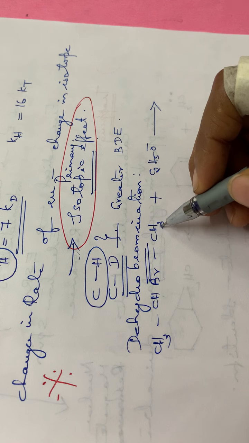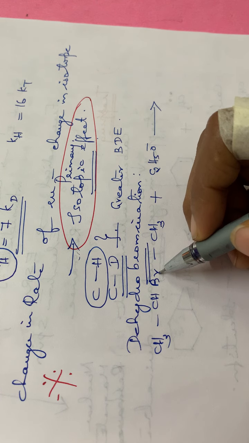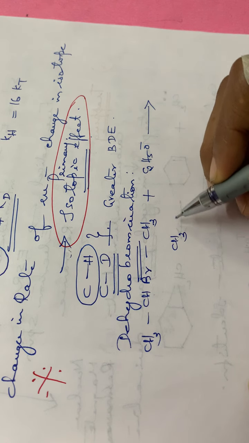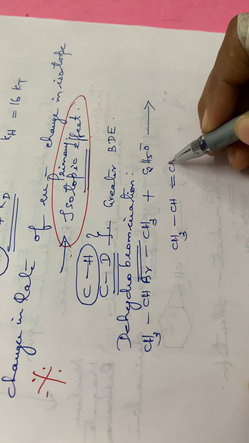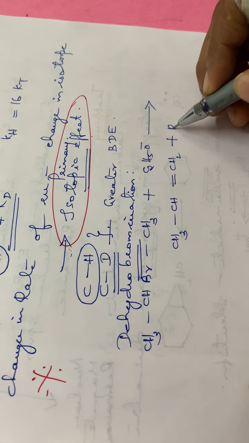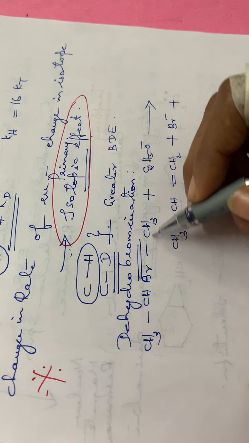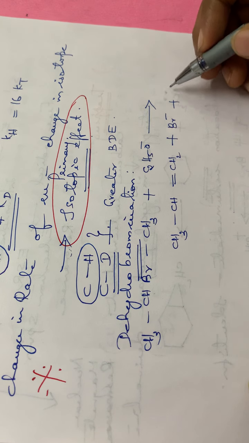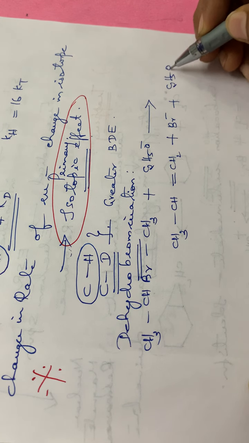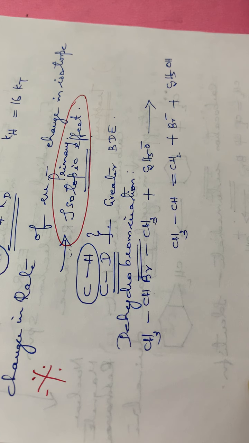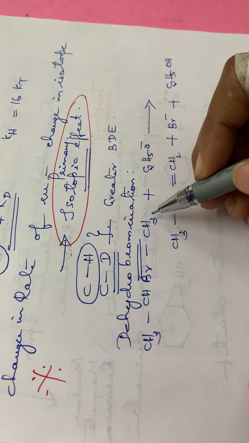So one hydrogen atom and one bromine atom should be eliminated, and the product will be CH3CH=CH2 plus Br minus, plus one H plus will be abstracted by the C2H5O minus, and it becomes C2H5OH.